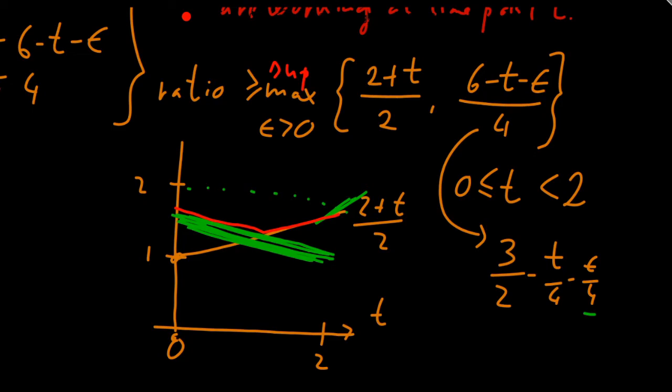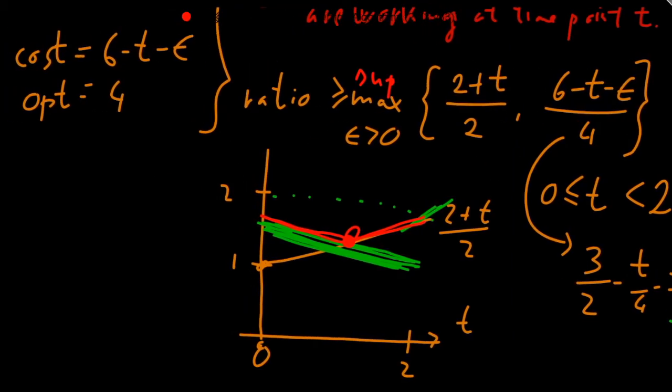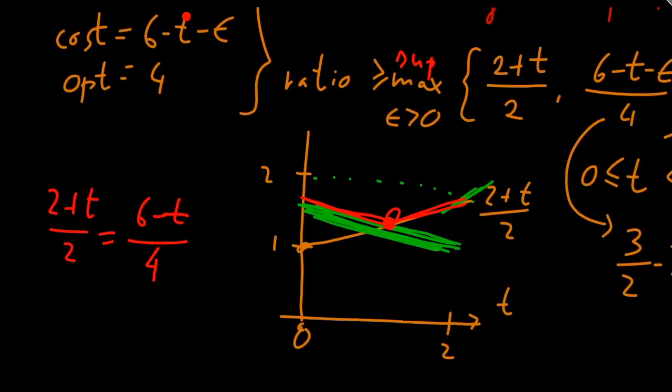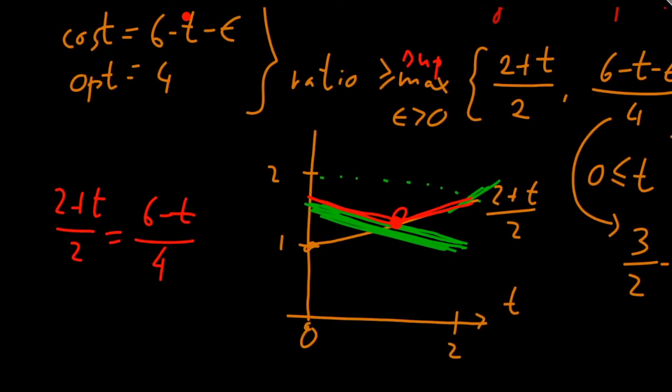So this is the maximum, and again, as usual, I should just compute the minimum possible value for the maximum by just solving the equality. So it's just 2 plus t divided by 2 equals 6 minus t divided by 4, because if epsilon tends to 0, then this is what I'll get.